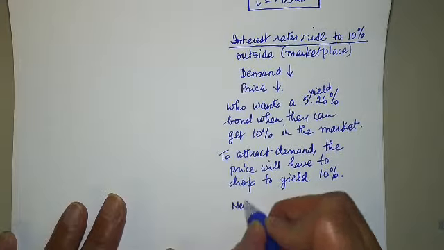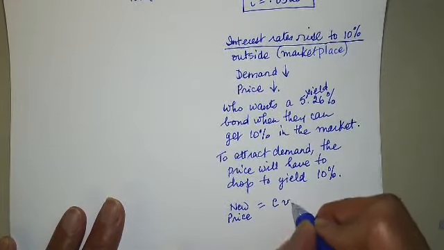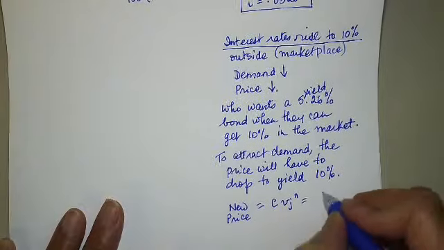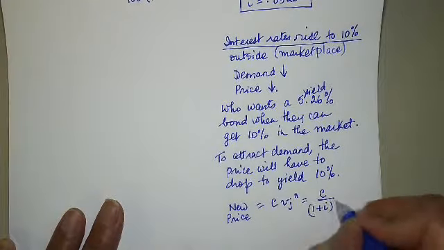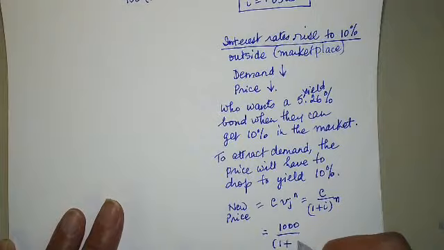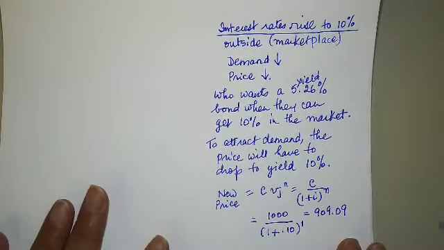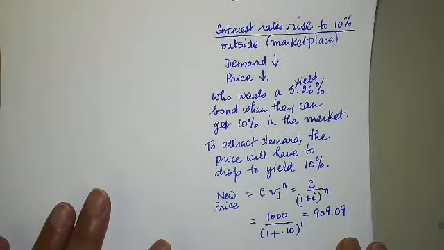Same equation that Brandon was talking about before, right? The new price will have to be C v^n, which is C over (1 plus i)^n, equal to 1,000 over (1 plus 0.10) this time to the 1 power, which is now 909.09.